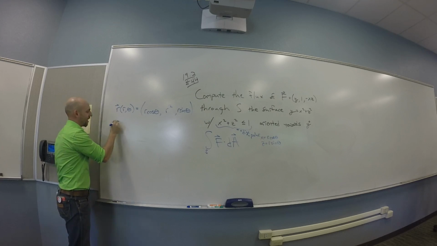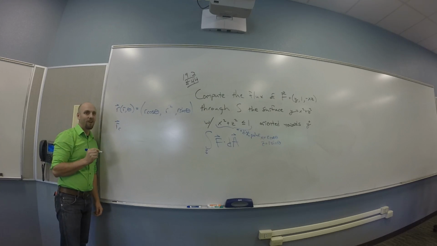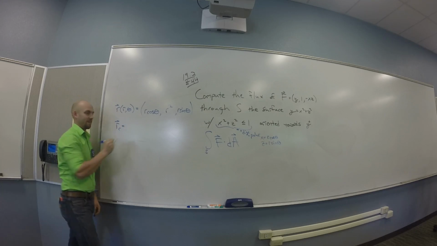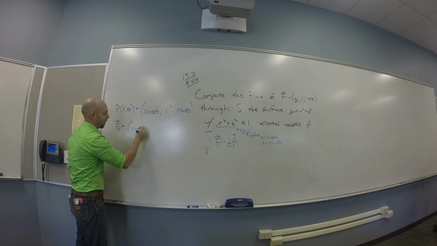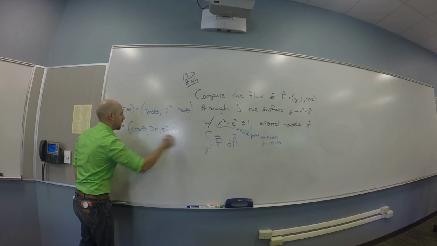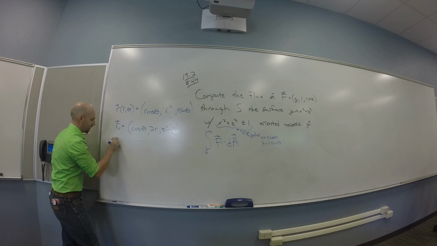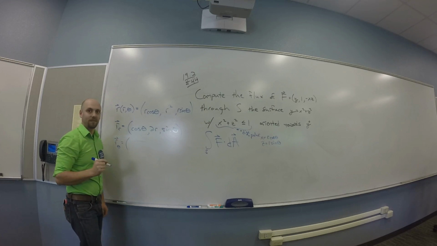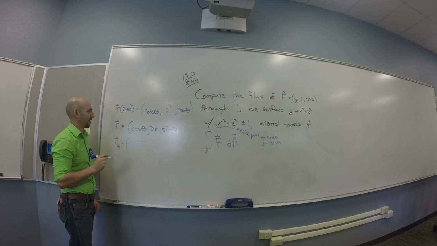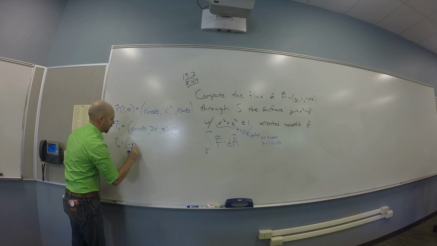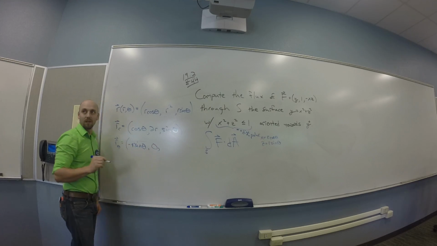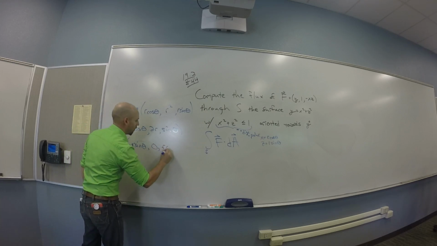Then you need to do the partials. r_r is cosine theta, 2r, sine theta. And r_theta is negative r sine theta, 0, r cosine theta.